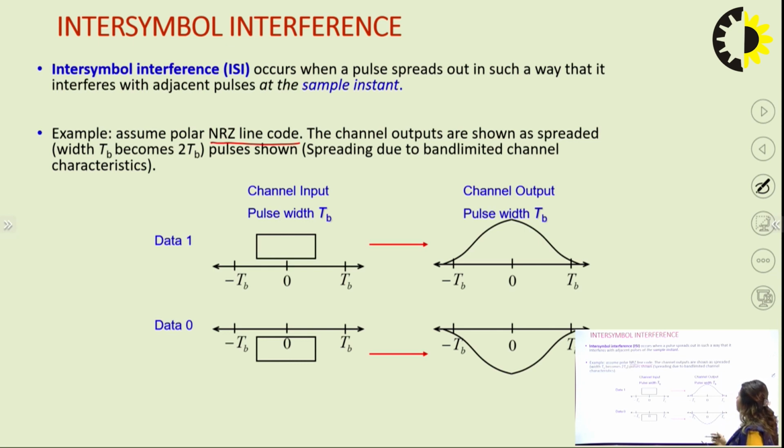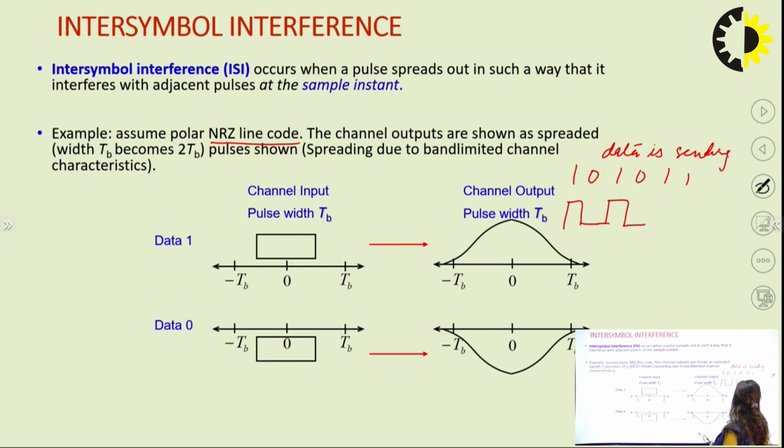Whatever data pattern 101011 is sent from the transmitter, for every data bit there is a pulse: for 0 there is no pulse, for 1 there is a pulse, for 0 no pulse, again for 1 a pulse, and for 1 a pulse. This is the form of NRZ data sent from the transmitter.